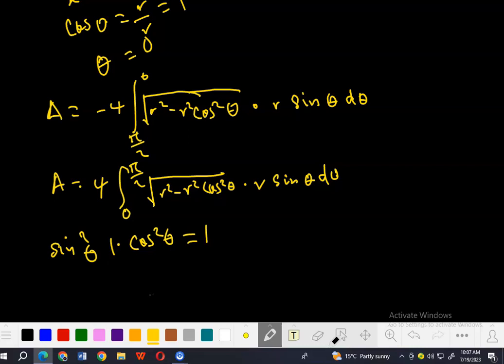Have you written that? And we also know from that table that sine squared theta is going to be 1 minus cos squared theta. Write it.